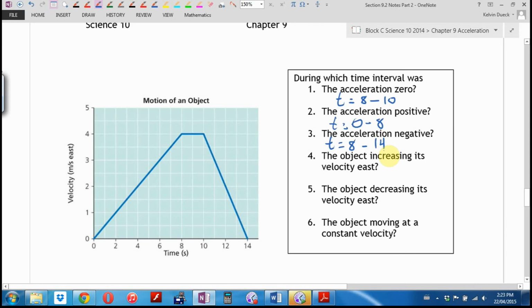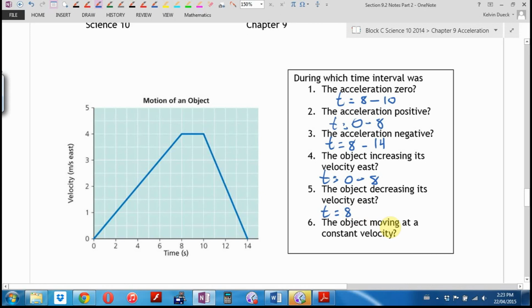During which section is the object increasing its velocity towards the east? Same as the positive. When is it decreasing its velocity to the east? From 8.